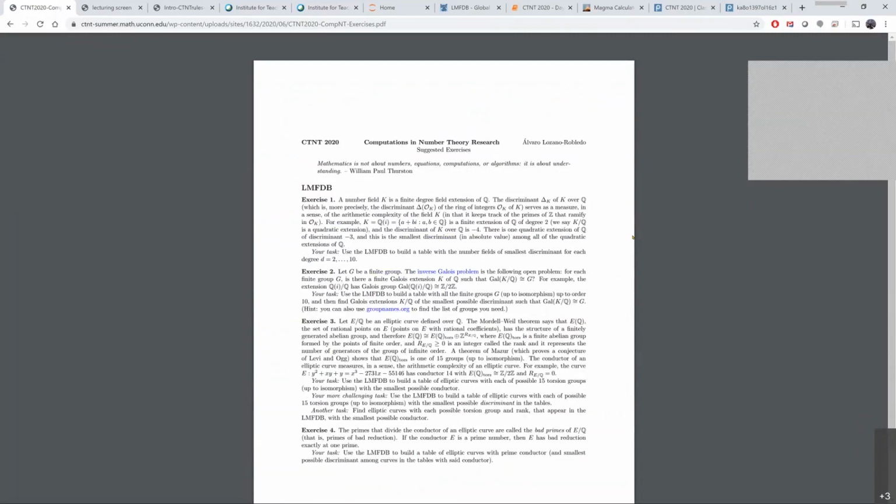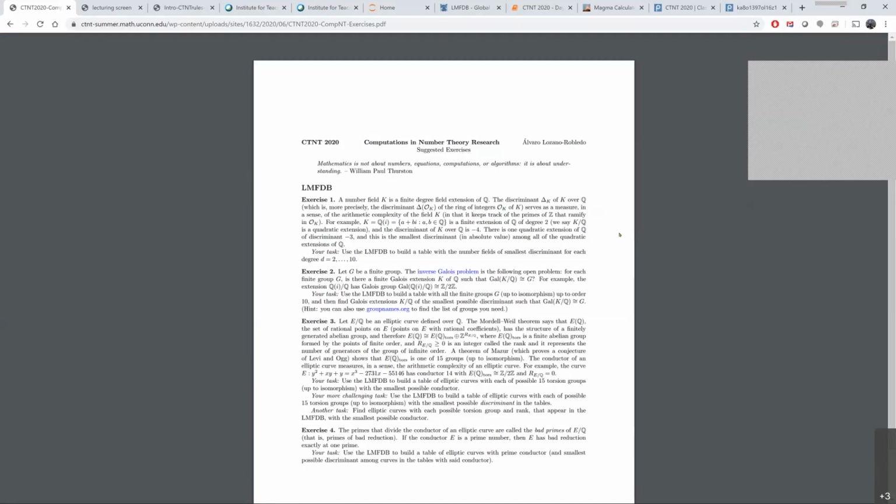One problem of interest is to find number fields, for example the first example of a number field with a certain characteristic. The first example in the table, if we're ordering first by degree and then by discriminant: what are examples of each discriminant, for example, and some other feature.